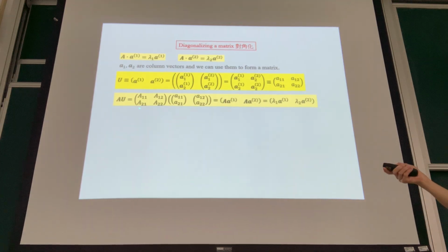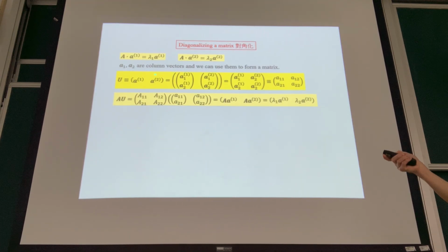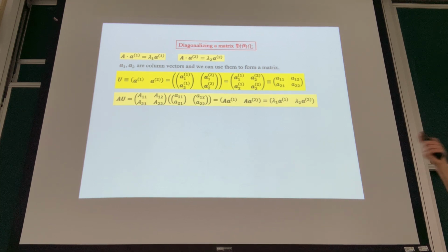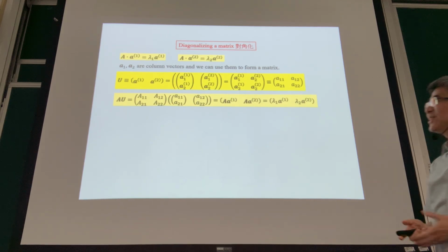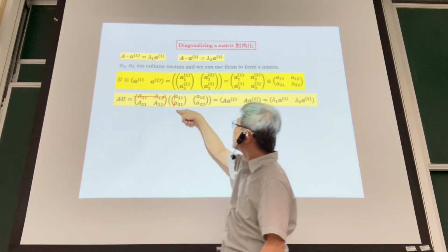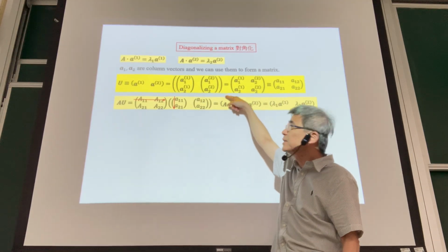Now, I multiply A and U. A times U will be equal to, write it out, A, and this is U, I just defined. And you know how to do it, right? When you do it separately. Because, for example, this times this will be upper left.